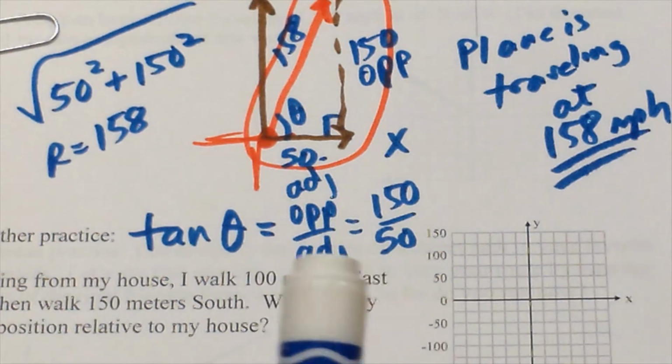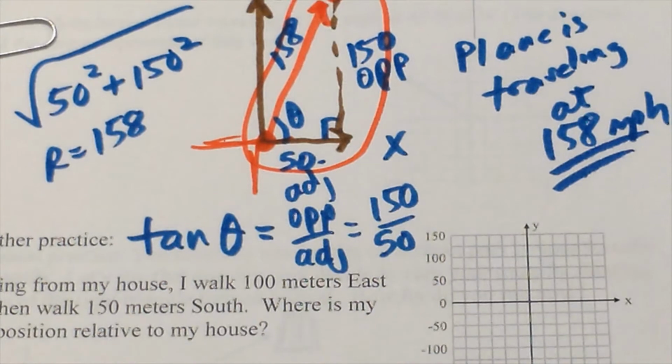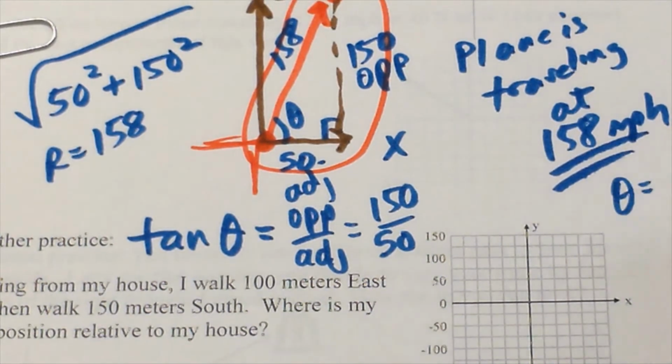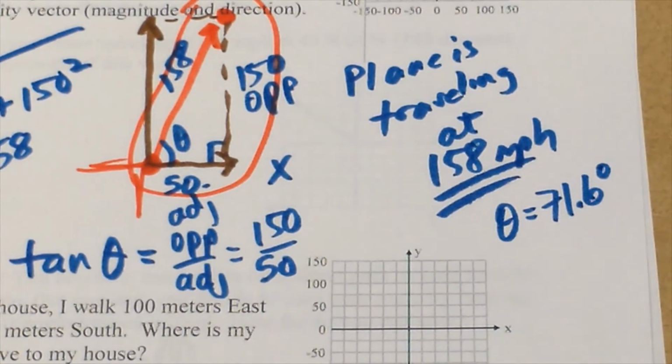So the theta here is about 71 or so degrees. What did I get? 71.6 degrees. Now that's a first quadrant sort of angle.